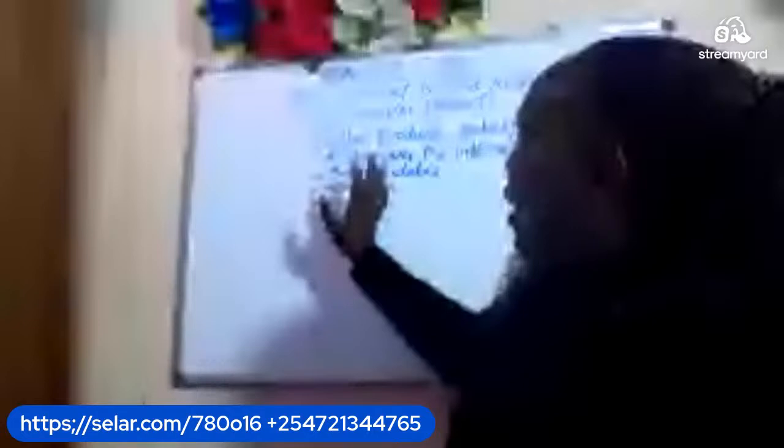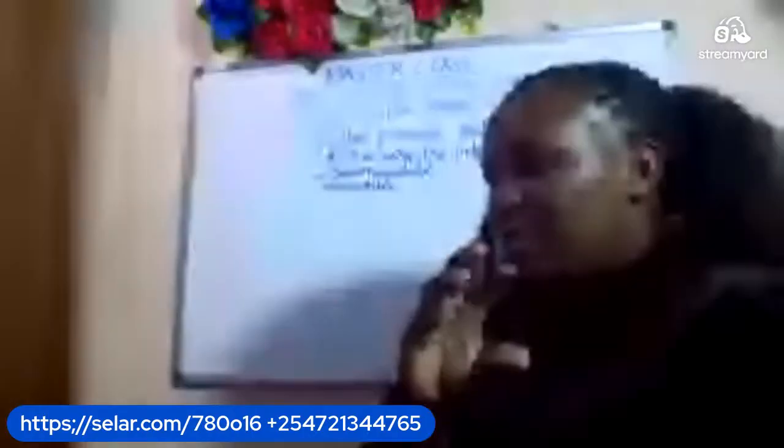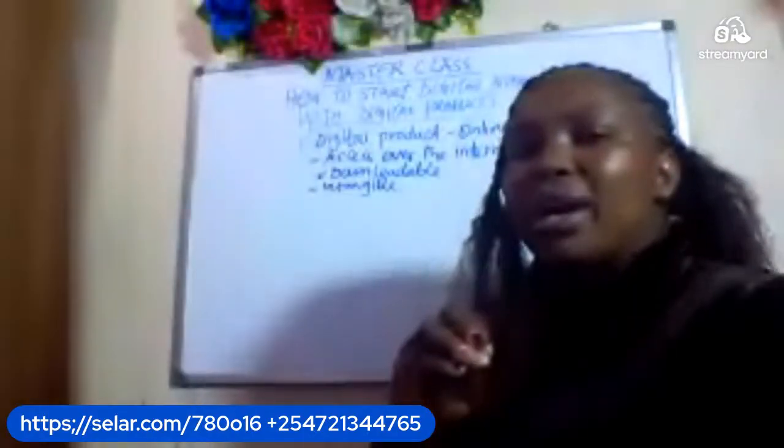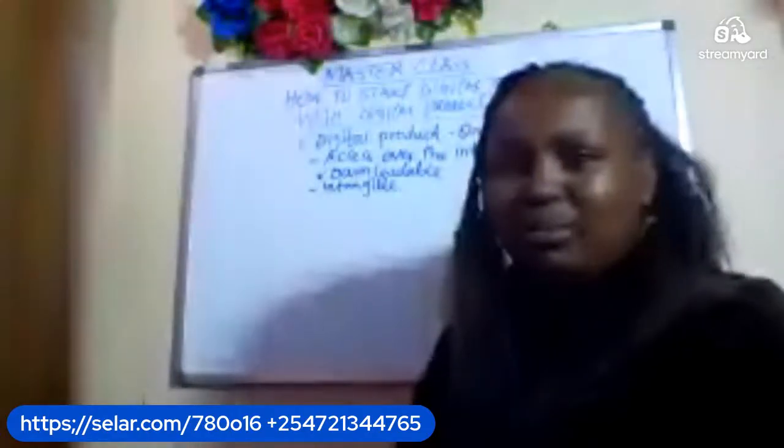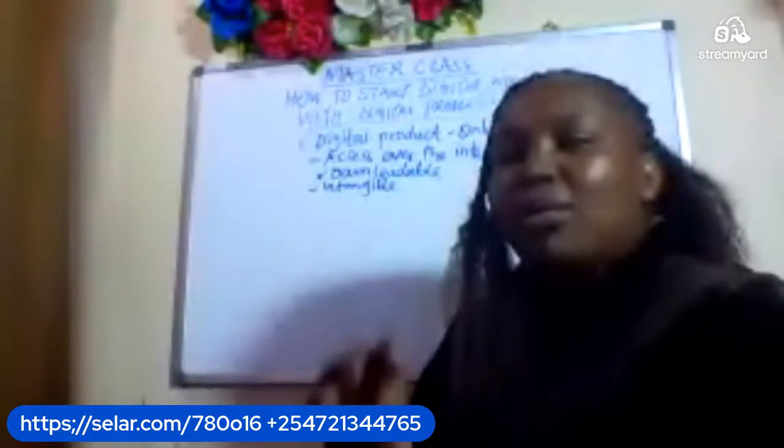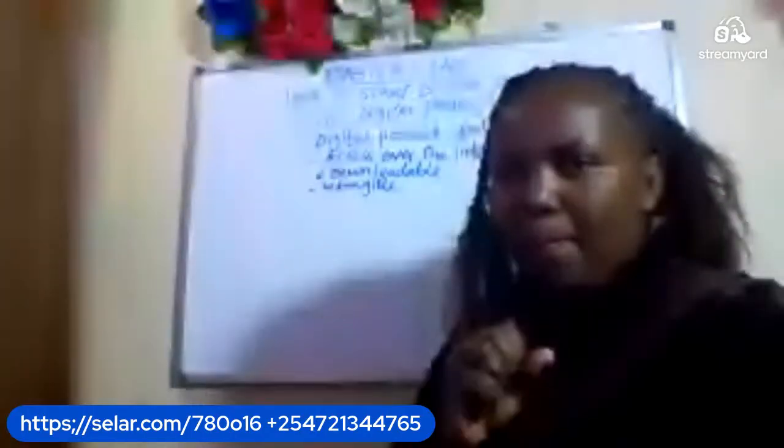if your document or that ID is required somewhere and they need it in soft copy, what do you do? Most of us normally run to the cyber and have our document scanned. They scan and then they tell you that now you have the soft copy in the form of PDF.